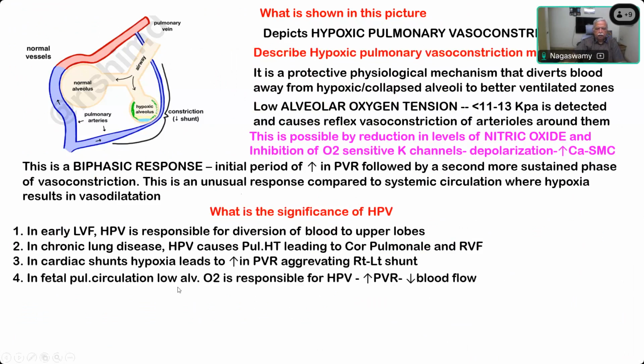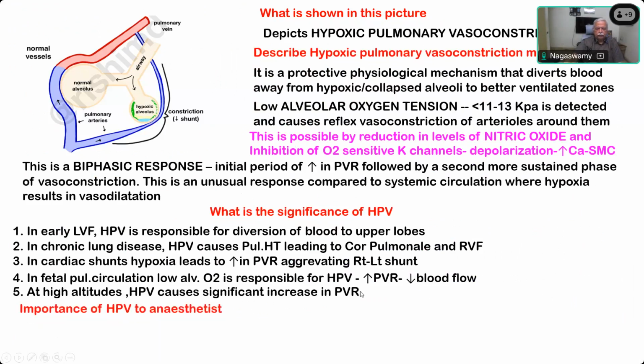In fetal pulmonary circulation, low alveolar O2 is responsible for hypoxic pulmonary vasoconstriction, increasing pulmonary vascular resistance and decreasing blood flow through the non-functioning lung. And at a high altitude, this will cause a significant increase in pulmonary vascular resistance. Importance of HPV to anesthetists.